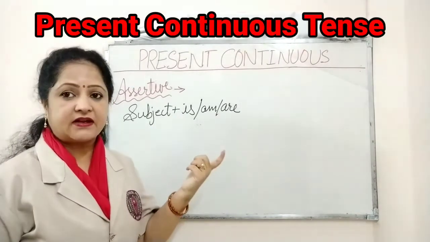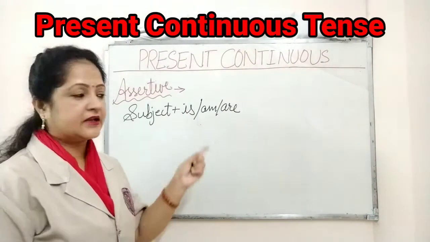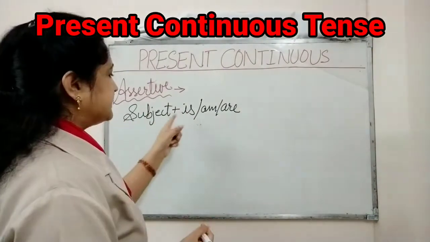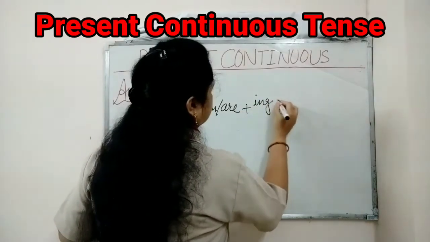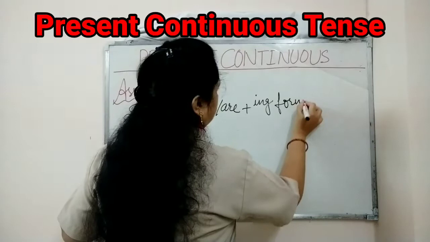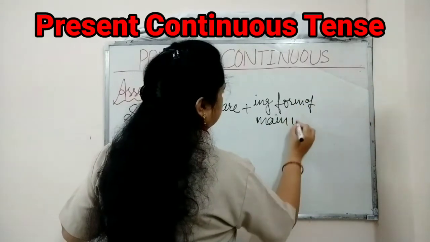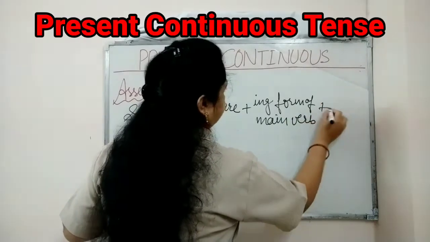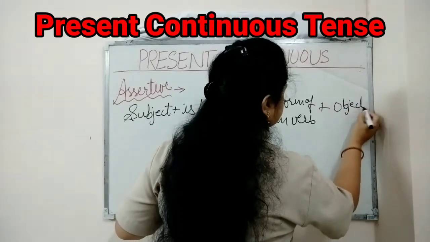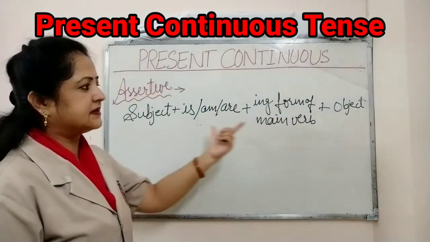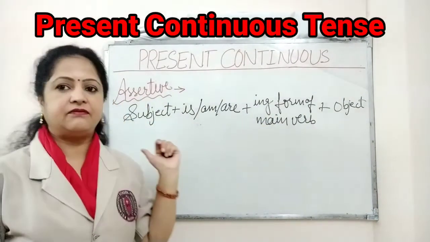If I is the subject then we write am, and if the subject is plural then we write are. Subject, is, am, are. After that we write the ing form of the main verb, and after that we write the object. So this is the rule for making assertive sentences in present continuous tense.